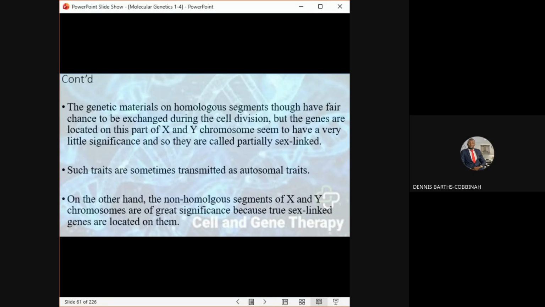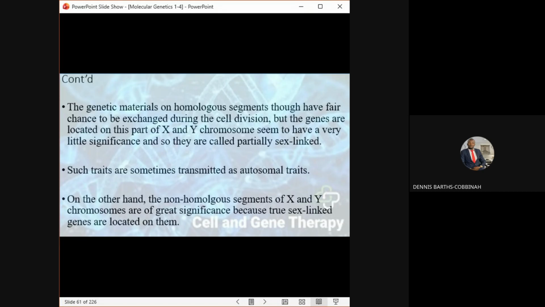Not that they are not represented, but there are alleles that will mask the expression in the females. For example, if you are considering two alleles coding for a particular characteristic, like in the case of color blindness, you have an allele coding for color differentiation, the normal sight, and an allele that is defective and codes for color blindness.